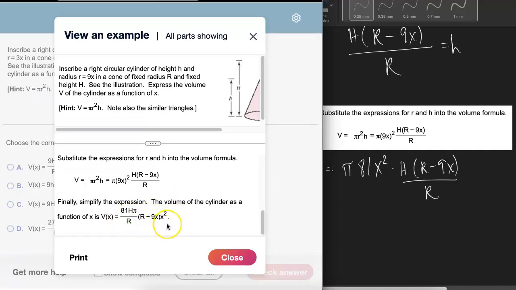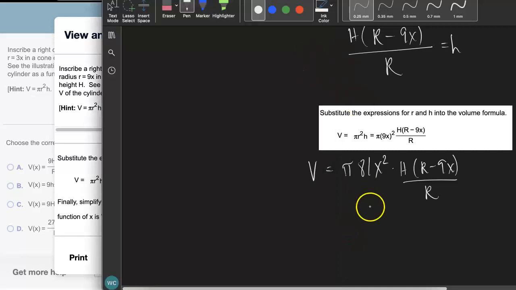And then the last factor here is that x squared piece. So that's why we're rearranging. We can take all those constants, the 81, pi, capital H, and the r. That takes care of these four. Next, we have this expression that contains a variable, and then last, we have this expression that contains a variable. So it's just a reorganizing at that point.